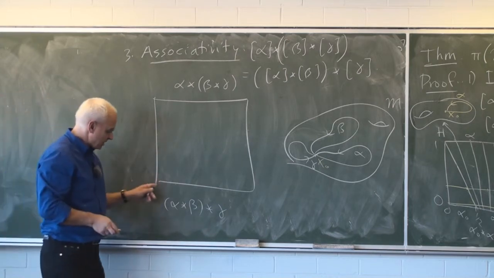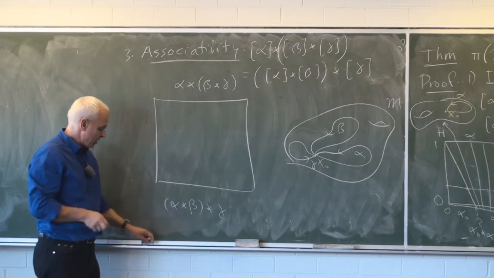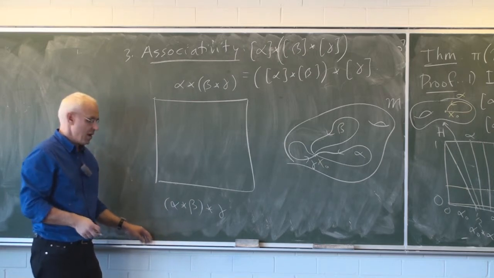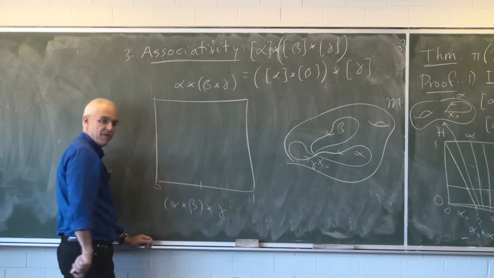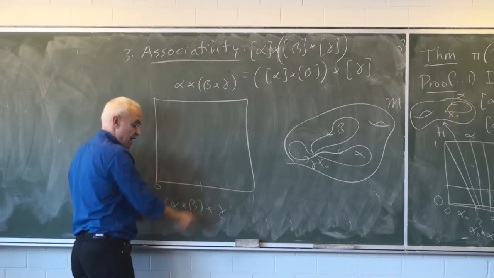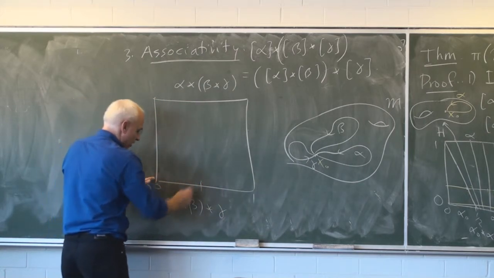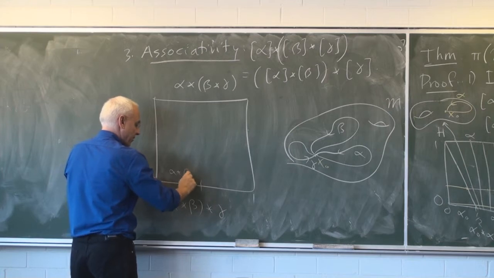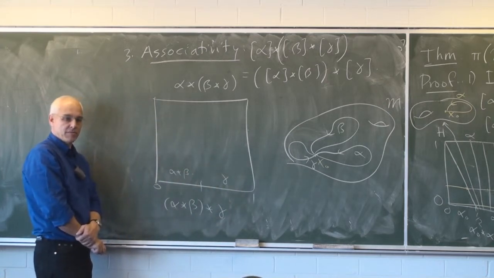Okay, what is alpha times beta times gamma? Well, remember how we multiplied paths. We divided our segment from 0 to 1 exactly in half. And we agreed that we're going to do the first part in the first half and the second part in the second half. So the first part here has to be alpha times beta. And the second half is going to be gamma.